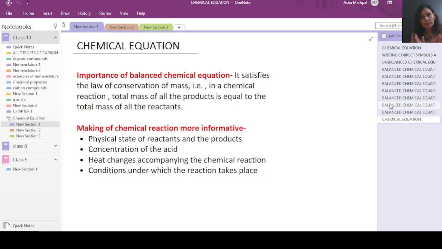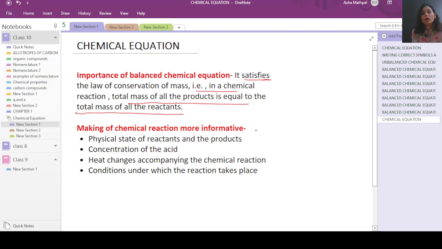So whatever is here remains here only. So the number of atoms on the reactant side must be equal to the number of atoms on the product side. That is why there is a need to balance a chemical equation, just to satisfy the law of conservation of mass. That is, the total mass of all the products must be equal to the total mass of all the reactants.